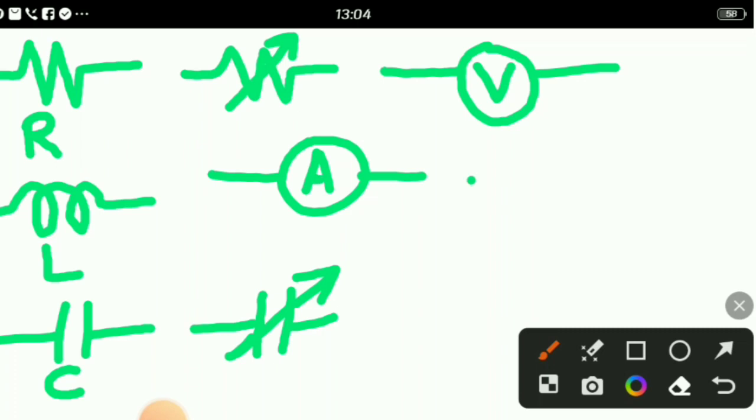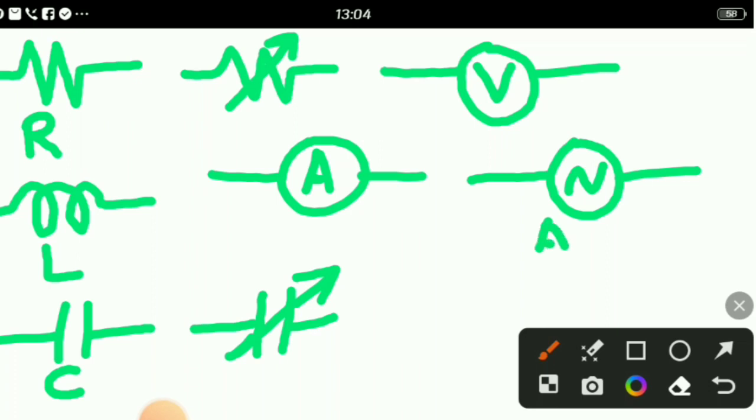and AC source is represented by, so this is called AC source, and DC source is represented by battery or cell.